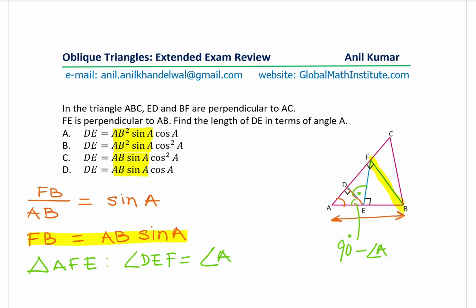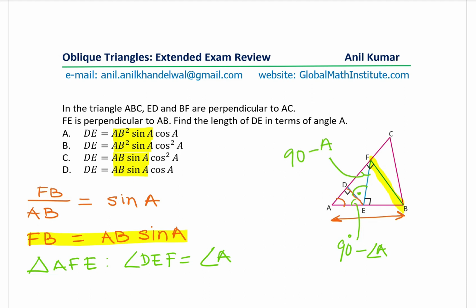Now if I consider the next triangle, which is also a part of a 90 degrees triangle, we can say that if this is angle A, that is 90 degrees, then this angle here is 90 minus A. Perfect.